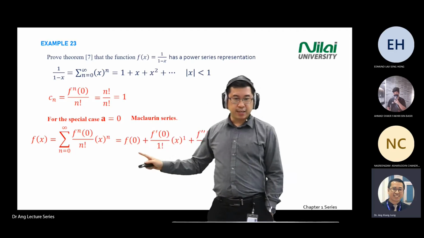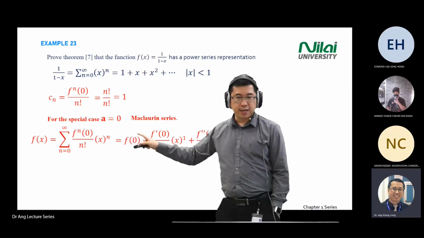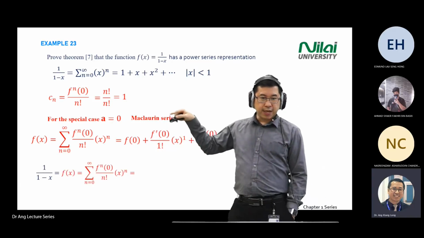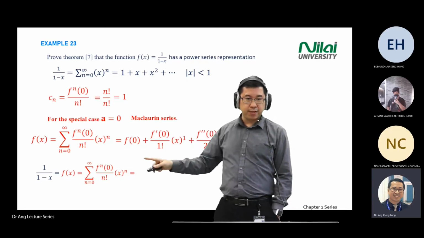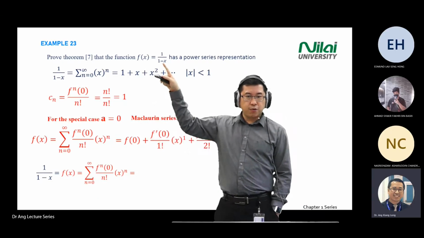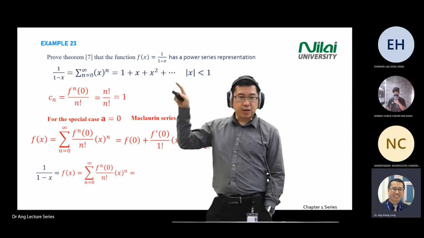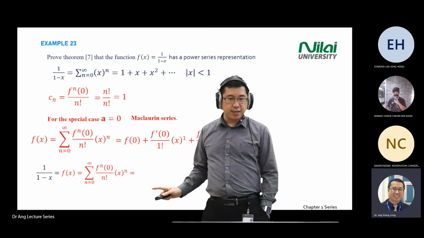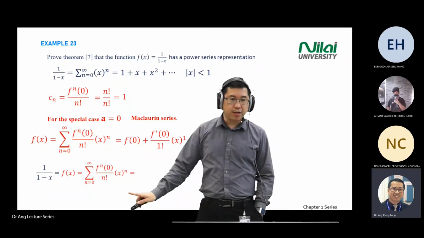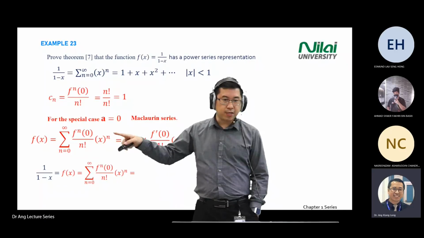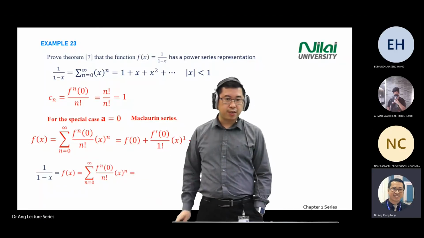This is what we showed you just now in the Maclaurin series. So relate the Maclaurin series to the one that we have. So 1 over 1 minus x, the blue color, the question, equals fx, and we can use the Maclaurin series. This is a Maclaurin series, we just tap into here.